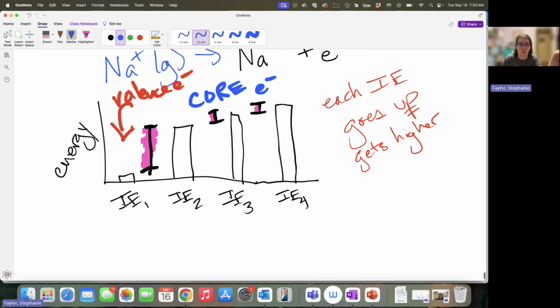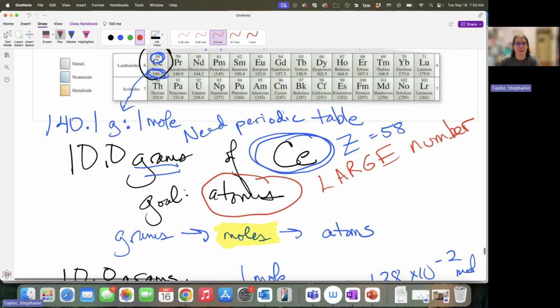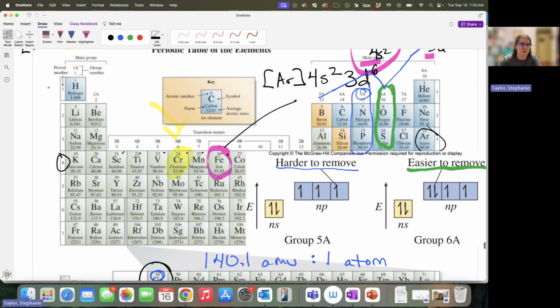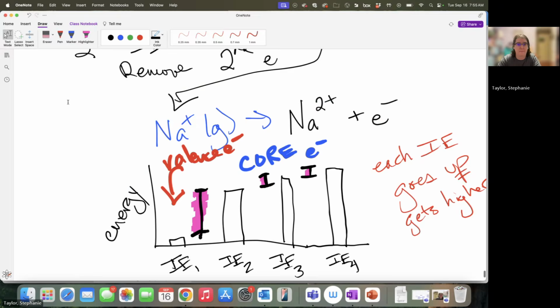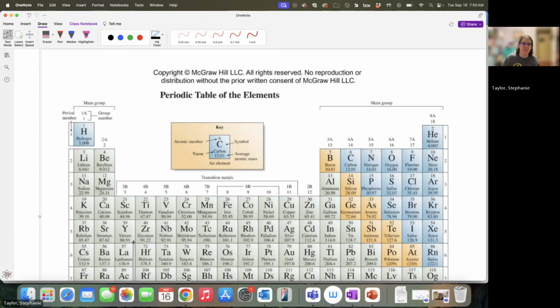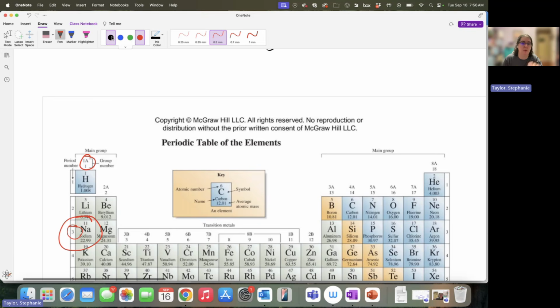What that means is, for sodium, periodic table. Sodium's hanging out here, period 3, group 1A. So for sodium, if I was to do the notation for that, 1s, 2s, 2p, 1, 2, 3, 4, 5, 6.